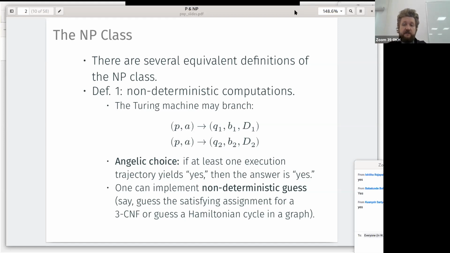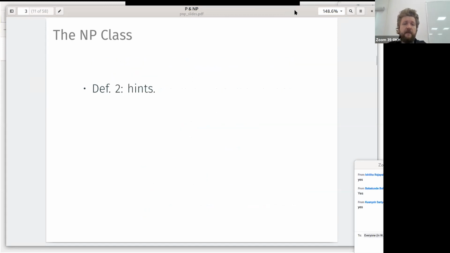So this is one definition of the NP class, which is sometimes quite convenient, but there is also another one, which reflects the idea of choice, or of hint by the angel, more consistently. So this is by the hints, and let us denote our decision problem as A of x. This problem computes a function which takes an x and returns 0 or 1.